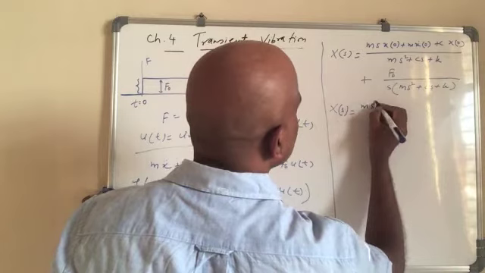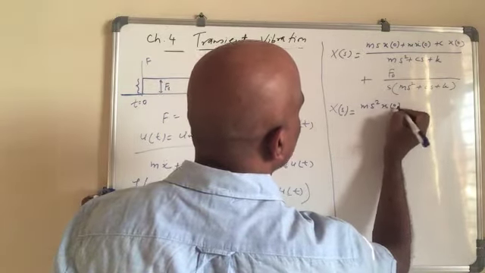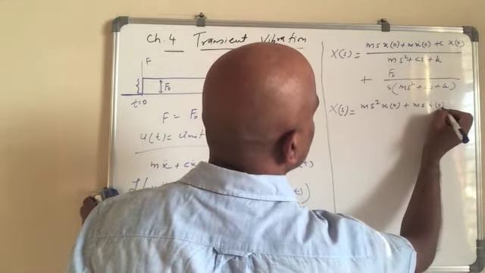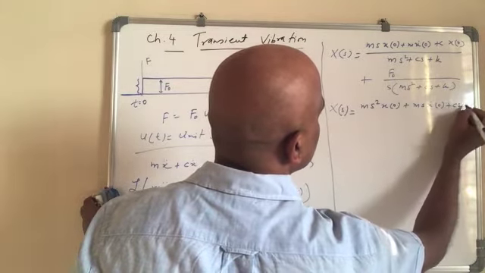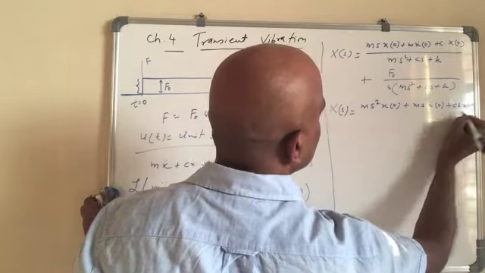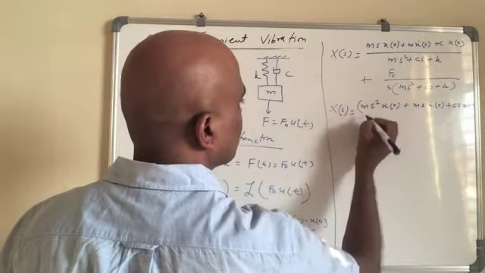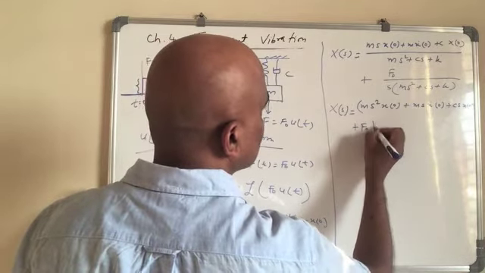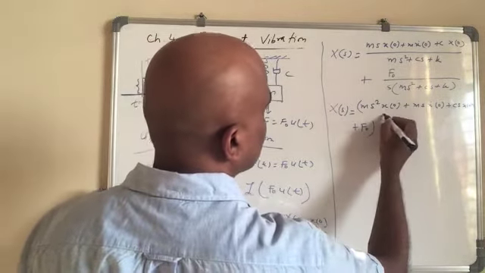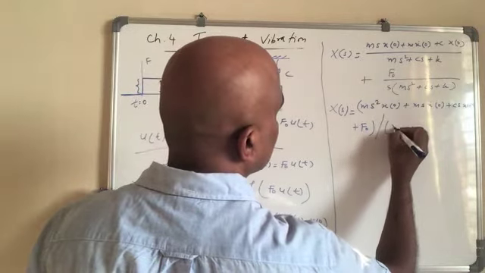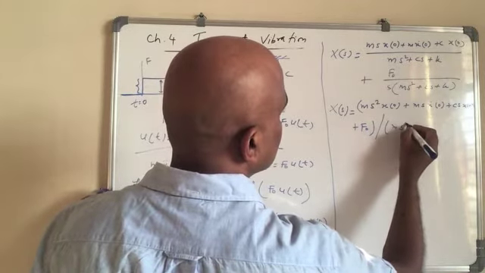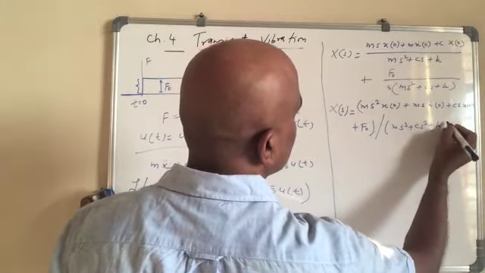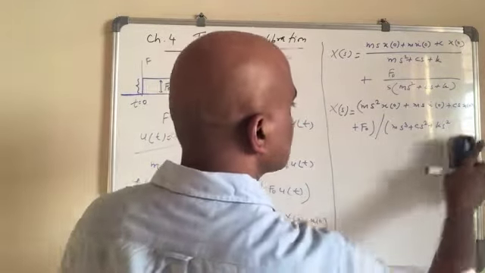So we get m s square x naught plus m s x dot 0 plus c s x0, plus f naught, and divided by we have m s cube plus c s square plus k s.